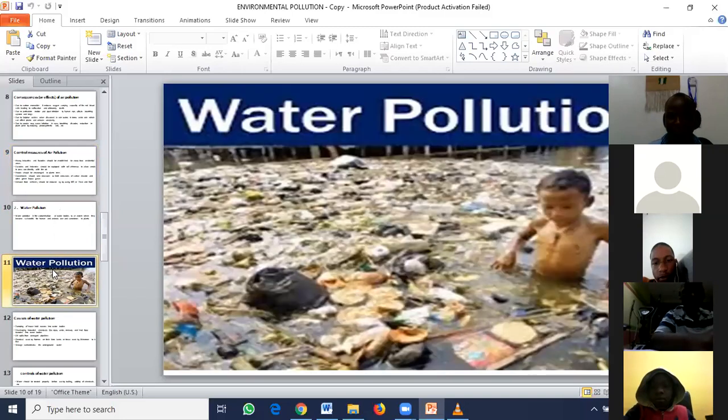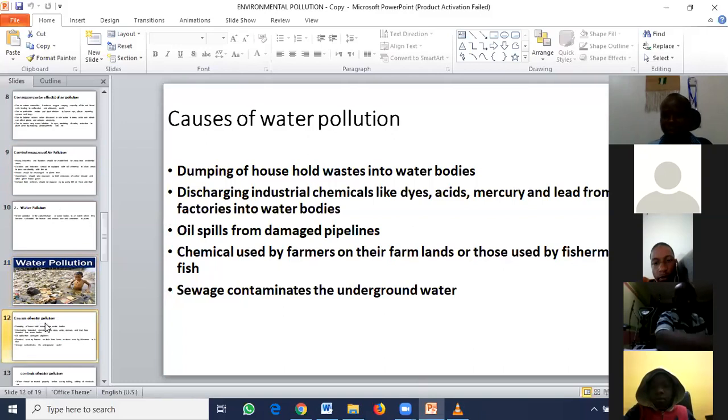Look at this image. You see water pollution. You see everything here polluting this water, making this water unfit for human use. What causes water pollution? They include dumping of household waste into water bodies.